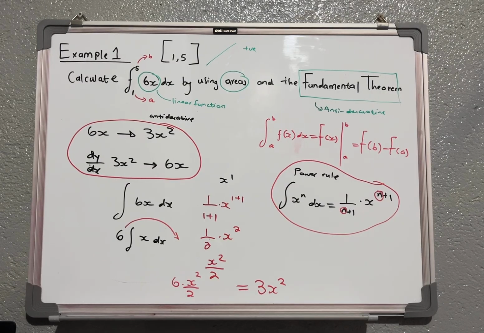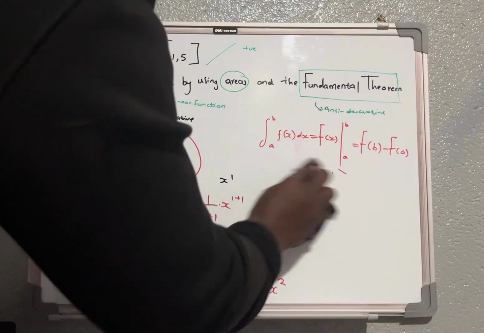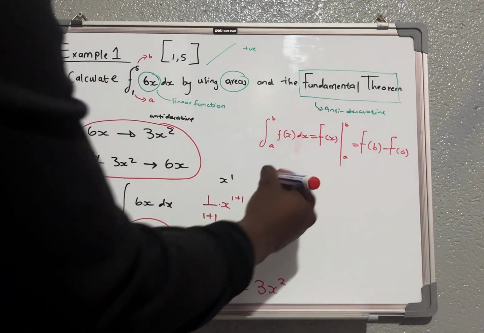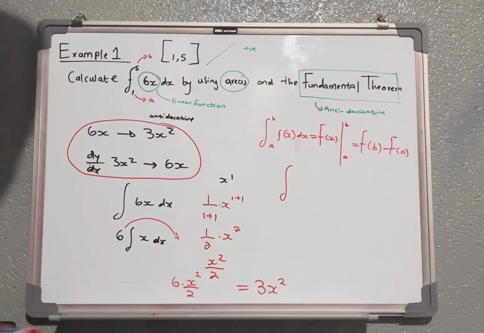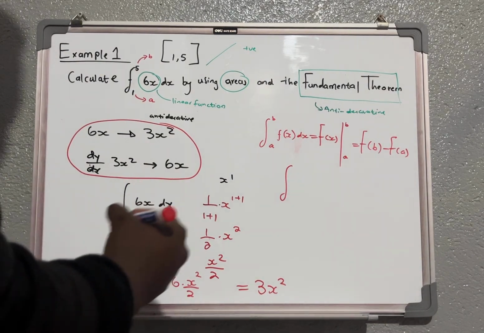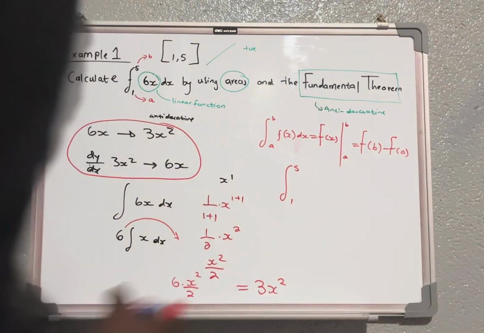So now that we found that 3x squared, it means we can use this fundamental theorem formula that we have. How is that going to look? We will say we have that fundamental theorem formula, then we're going to be working this in between the region of 5 and 1.